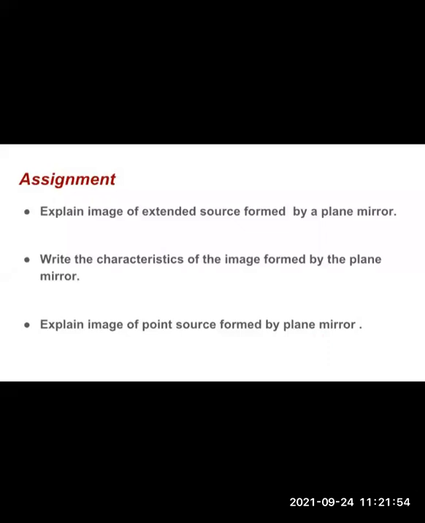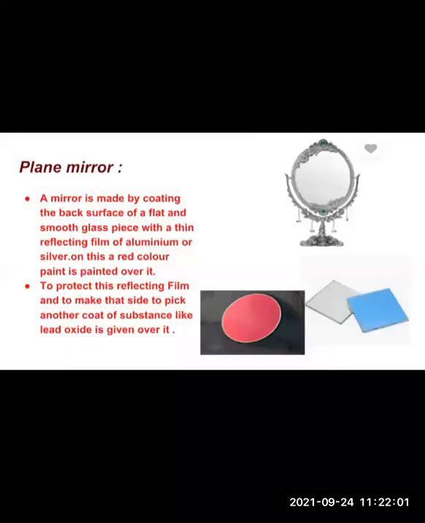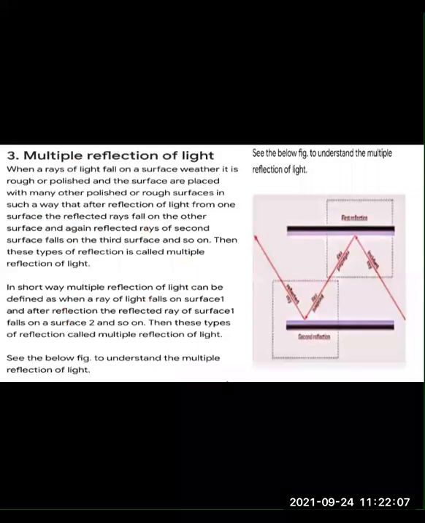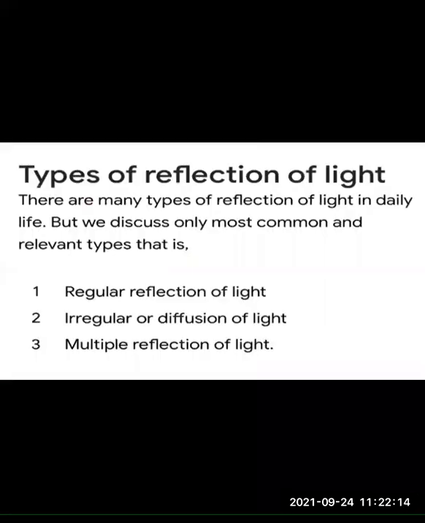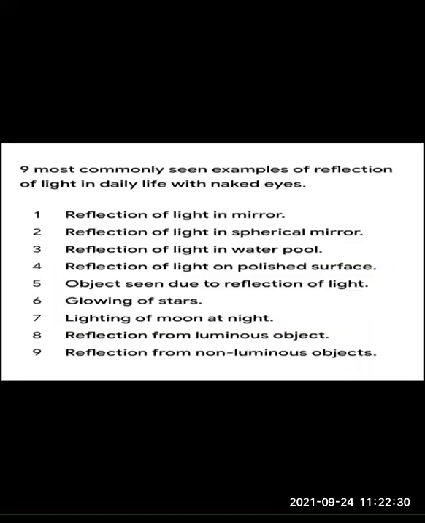So students, in today's lecture, what we studied, we will just go through a quick recap of the things. In the introduction part, we saw various examples pertaining to reflection of light.